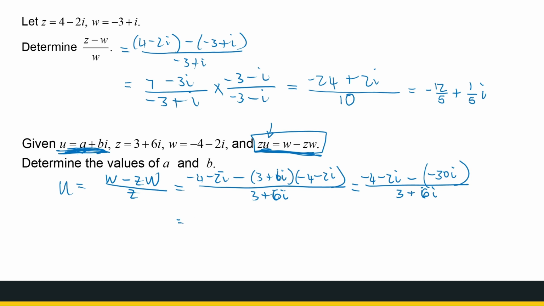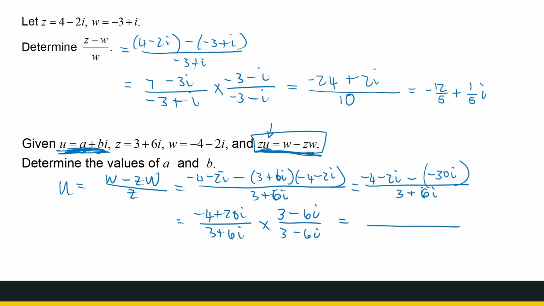So that gives me minus 4 plus 28i divided by 3 plus 6i. Now, similarly to the question up top, multiply the numerator and the denominator with the complex conjugate of the denominator.